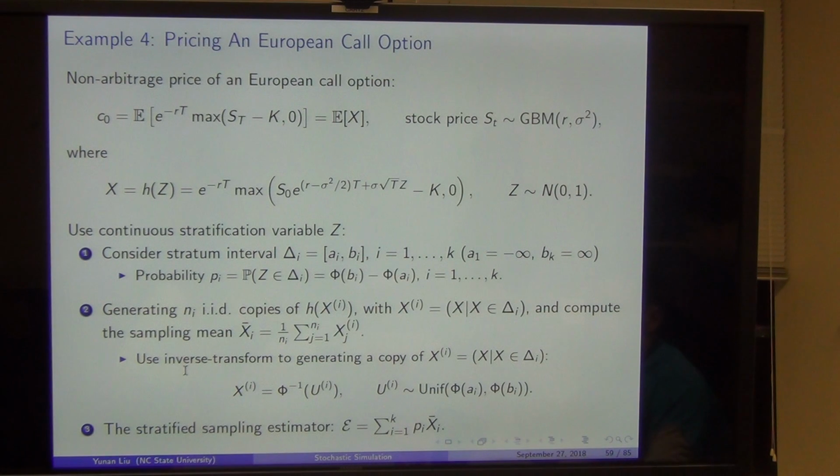How do we generate this copy? Again, there's a typo here. We can do inverse transform to generate a copy of X_i, which is X given that Z falls into the interval delta_i.